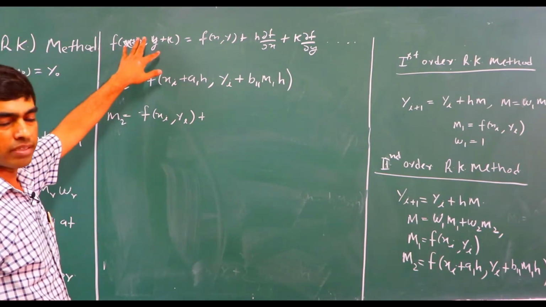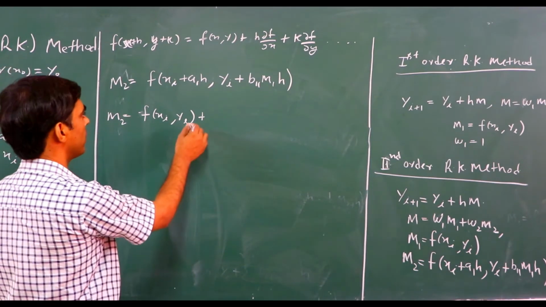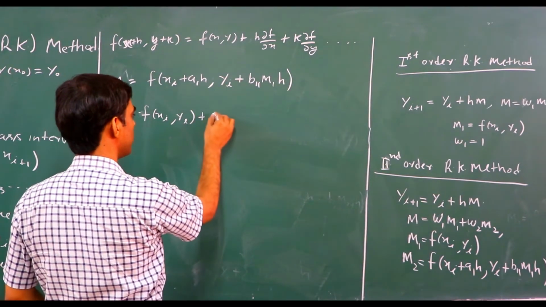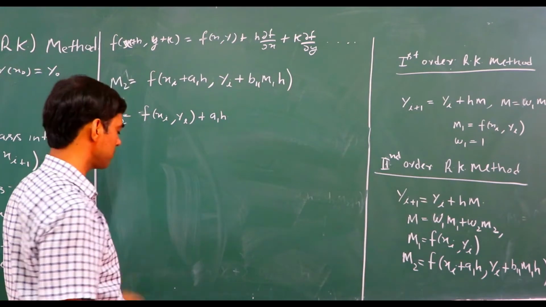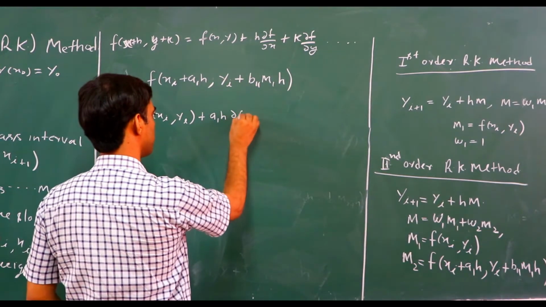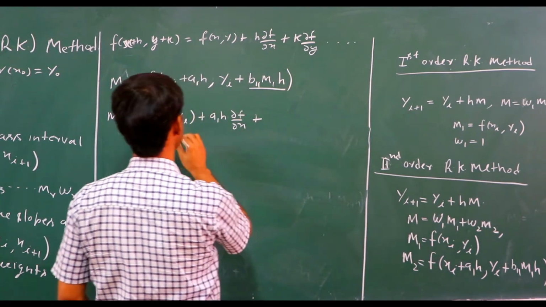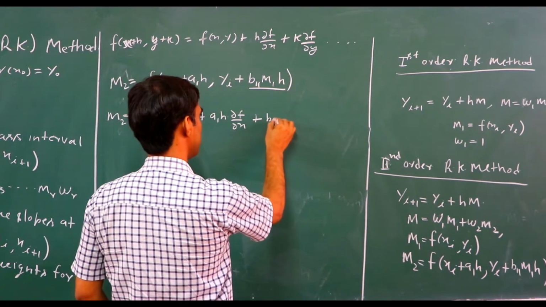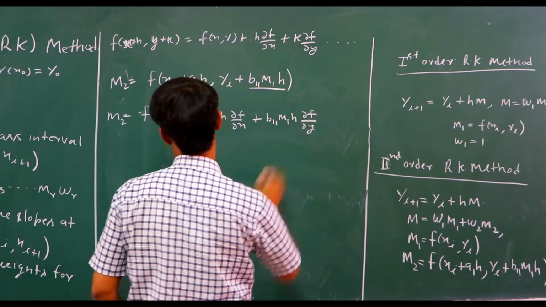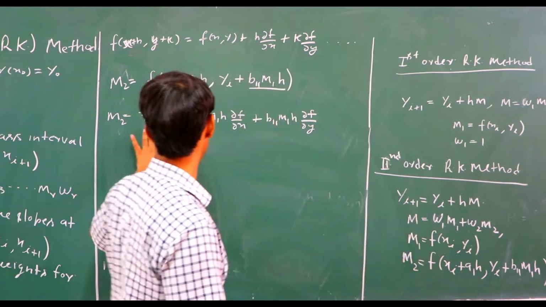So using the two variable Taylor series expansion, M2 becomes f of x_i, y_i plus a1 h del f upon del x plus b11 m1 h del f upon del y. In place of M2 we write this one.